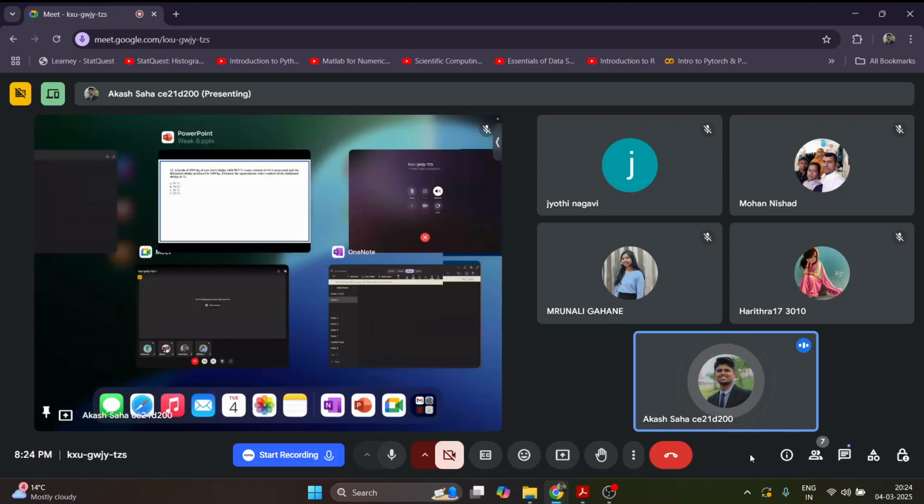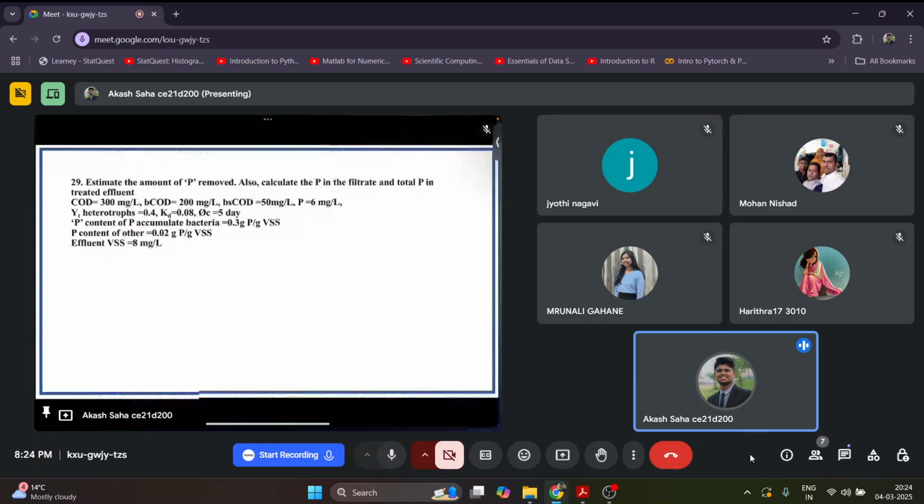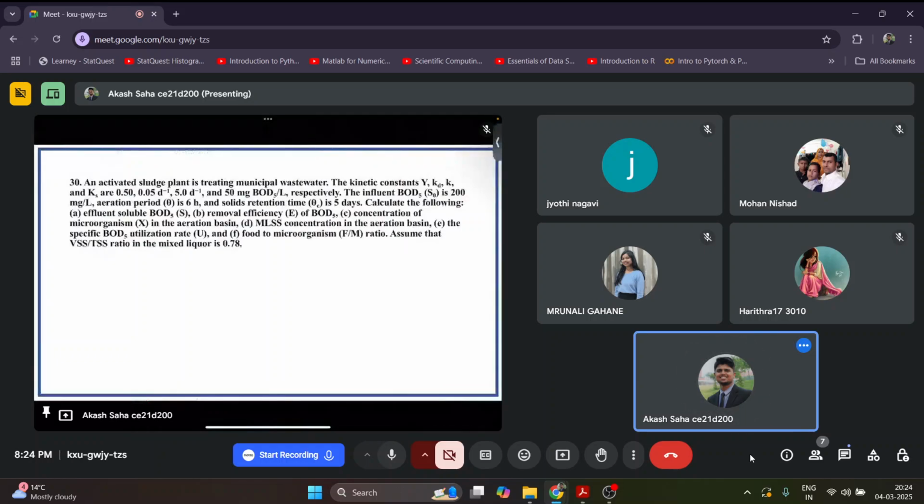Now the next question, I have given in the previous class. I told you that I would discuss it today. So we have an activated sludge plant which is treating municipal wastewater. The kinetic constants Y, Kd, k, and Ks are all given to you, and the influent BOD is 200 milligram per liter with an aeration period of 6 hours and a solid retention time of 5 days.